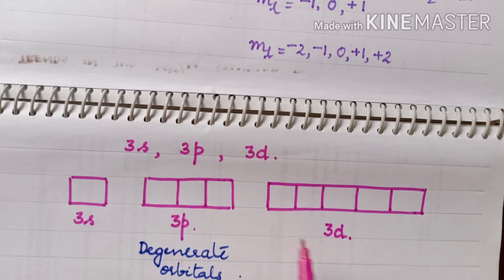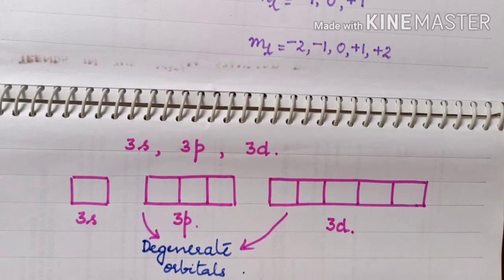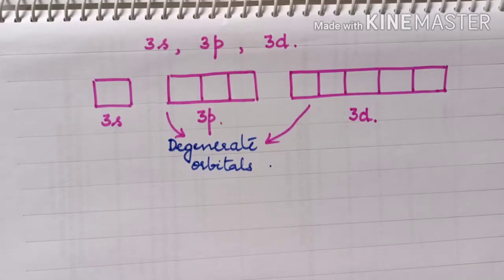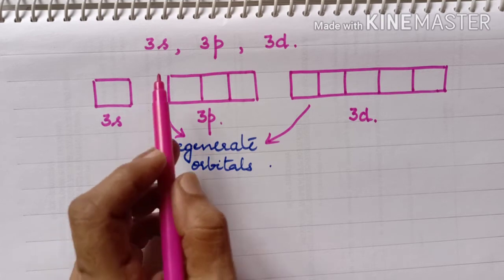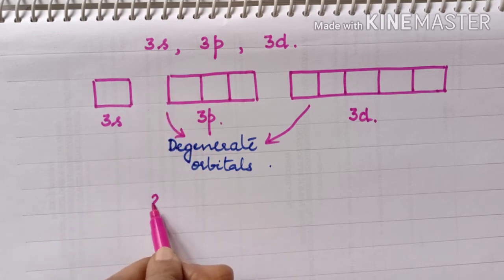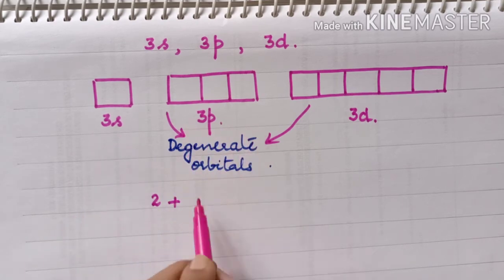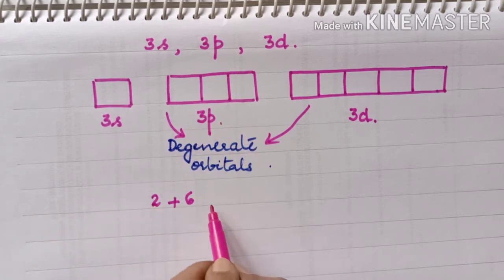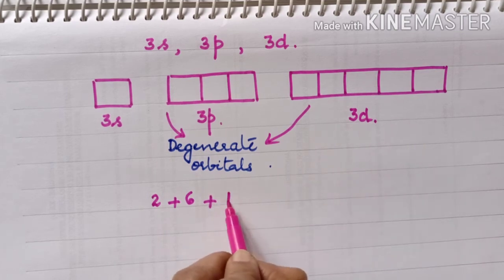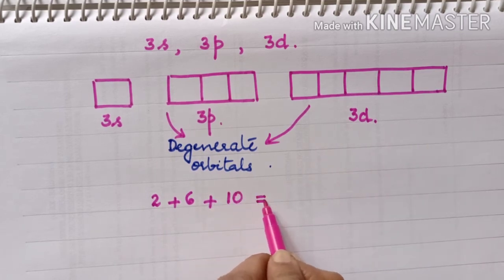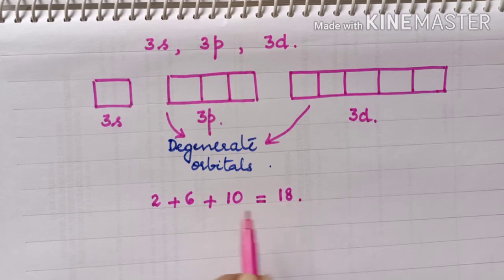So these are also examples of degenerate orbitals. So what will be the maximum capacity of the M shell? The maximum of 2 electrons can be accommodated in s orbital, maximum of 6 electrons in the p orbitals and maximum of 10 electrons in the d orbitals. So total of 18 electrons can be accommodated in M shell.